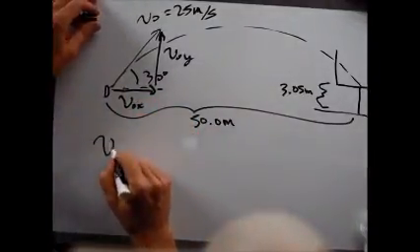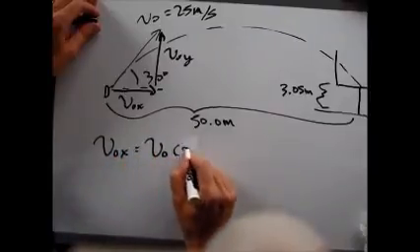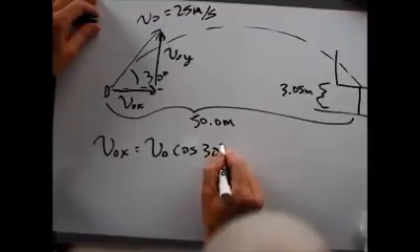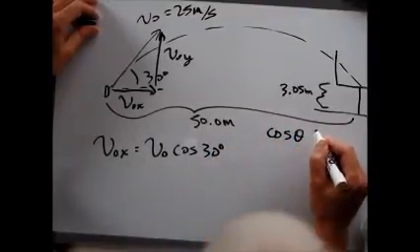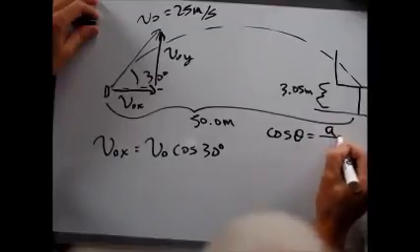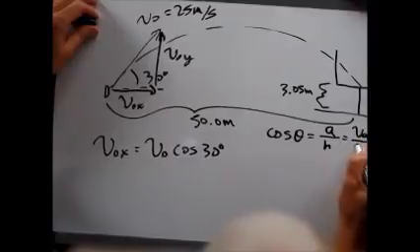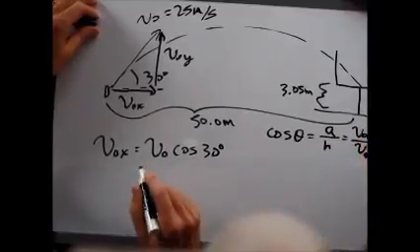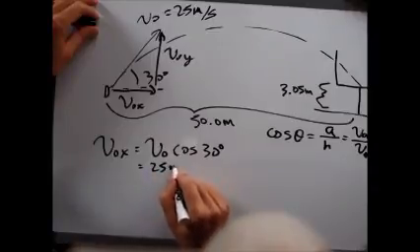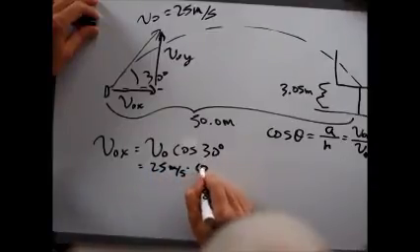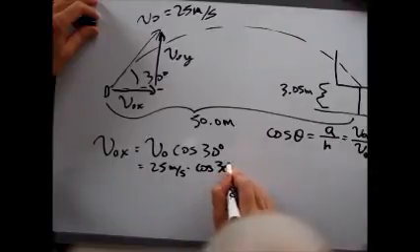V0x is equal to V0 cosine of 30 degrees, because cosine of theta is adjacent over hypotenuse, which is V0x over V0. This gives us 25 meters per second times the cosine of 30 degrees.